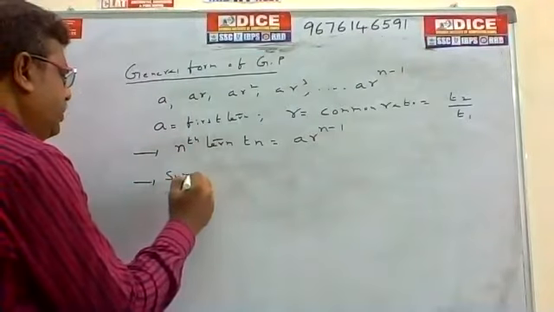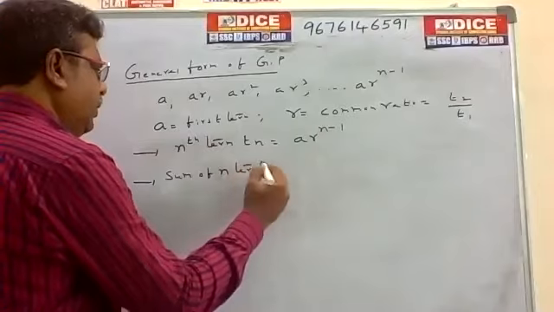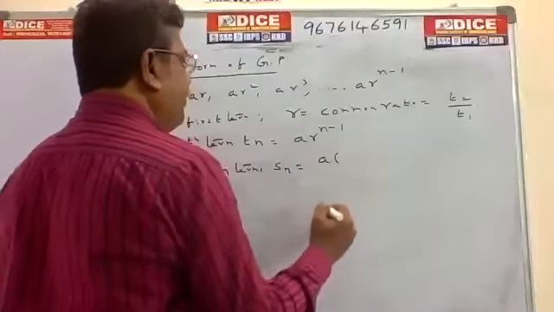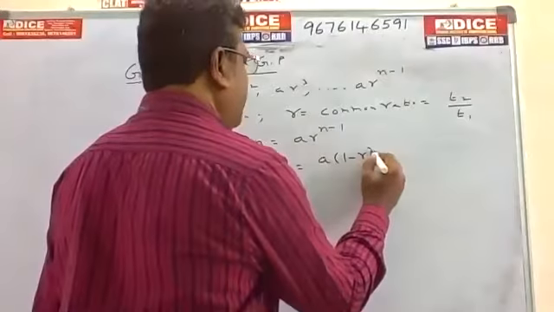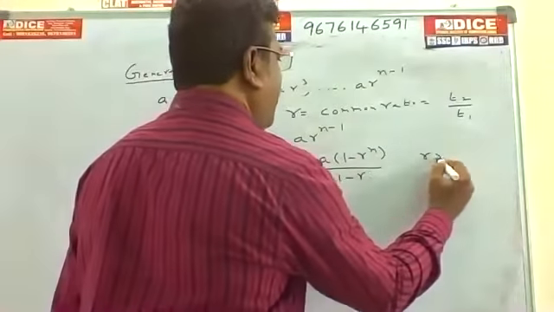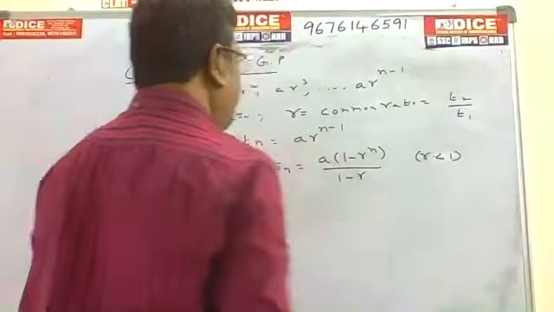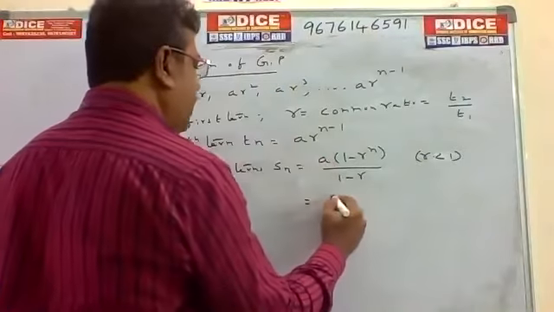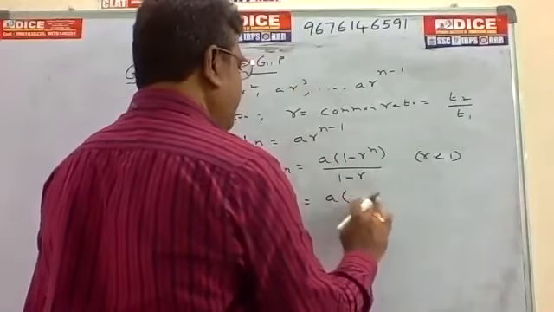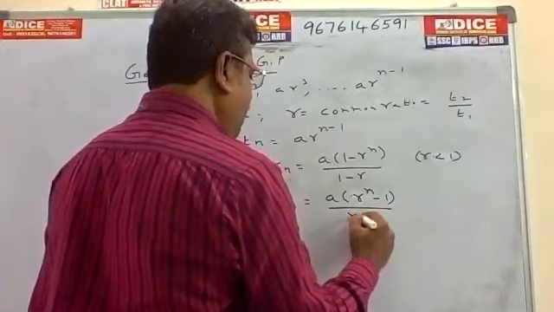Sum of n terms: Sn is equal to A into 1 minus R to the power of n by 1 minus R. Use this formula if R is less than 1. This is also equal to A into R to the power of n minus 1 by R minus 1.